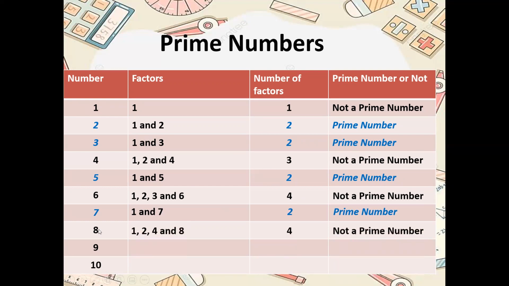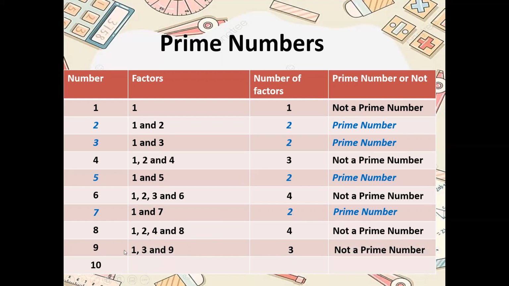Then if you take number 8, it can be divided by 1, by 2, by 4, and also by 8 completely without getting any remainders. That means number 8 has 4 factors. That is more than 2. Therefore, number 8 is not a prime number. Then number 9.